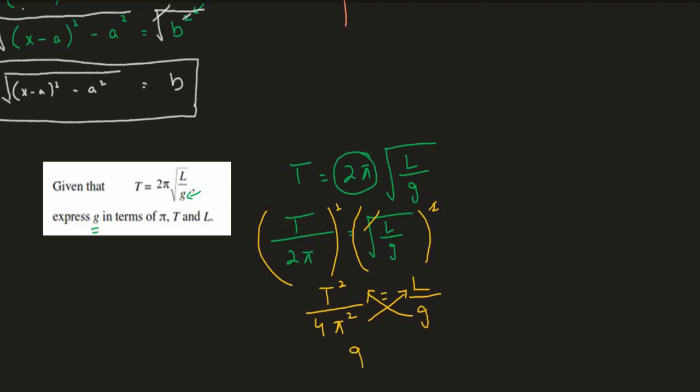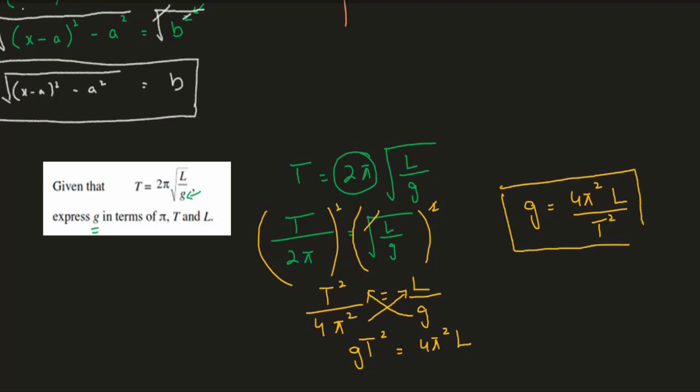When I do that, g T square is equal to 4 pi square L. The last step is to take this T square to the other side. So it would become 4 pi square L divided by T square. So here we have made g the subject.